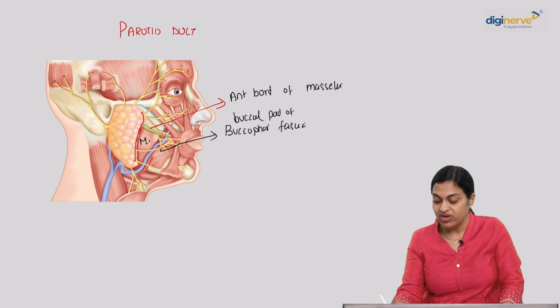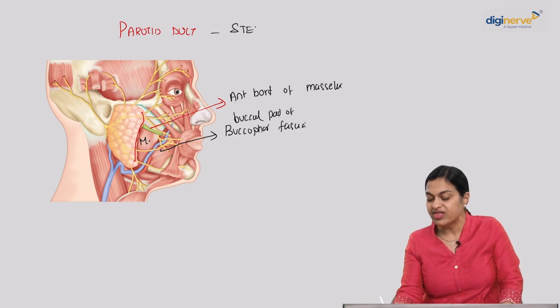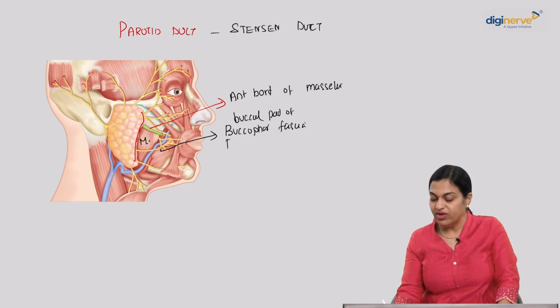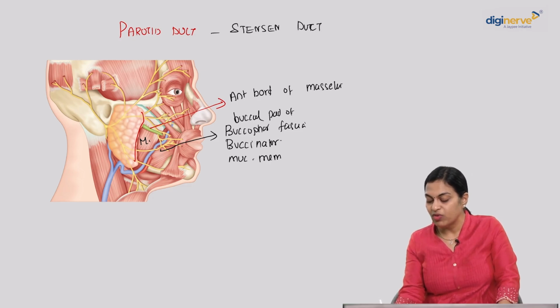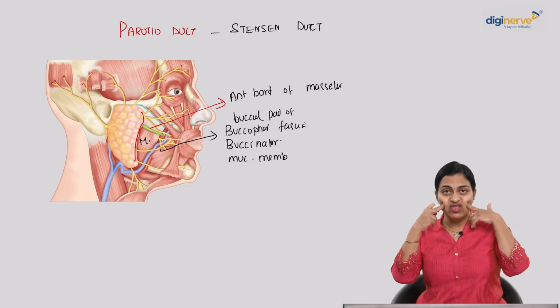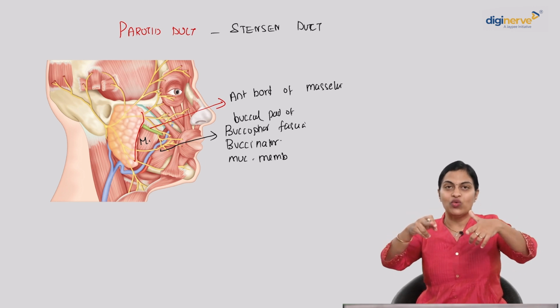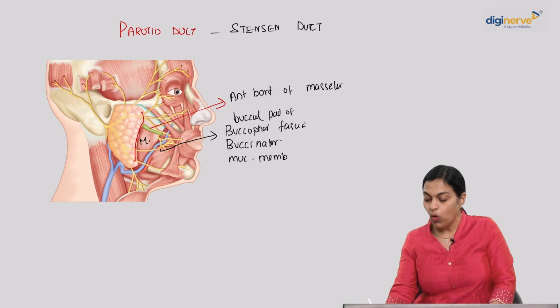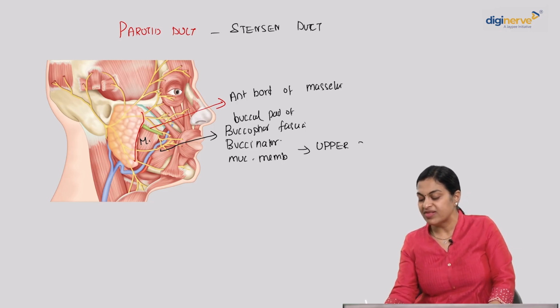This parotid duct, which is also called the Stenson duct, pierces the buccal pad of fat, the buccopharyngeal fascia, and the buccinator muscle. Once it pierces the buccinator, it has an oblique course between the buccinator and the mucous membrane of the vestibule of the mouth and opens opposite the upper second molar tooth.